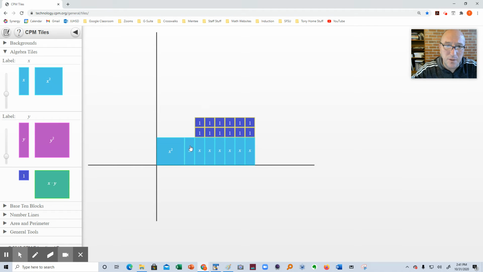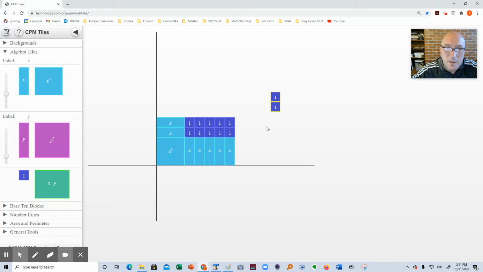But then I have a problem with this thing right here. If I double click on it, it rotates it. How about if I move this over like this? I'm getting closer. Can I rotate that around? But now I don't quite have what I need because this is not a rectangle. I've got to somehow make a rectangle out of this.